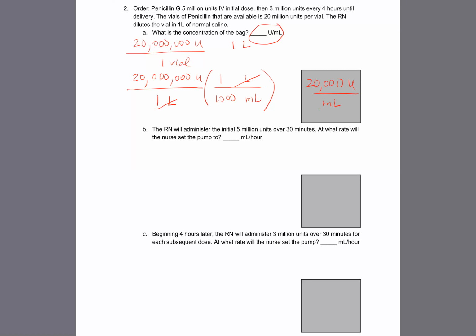B, the RN will administer the initial 5 million units over 30 minutes. At what rate will the nurse set the pump to in milliliters per hour? So you're going to have your order. It's 5 million units over 30 minutes. And you know that there's 60 minutes in 1 hour. And you also know that the availability of your med is 20,000 units per ml.